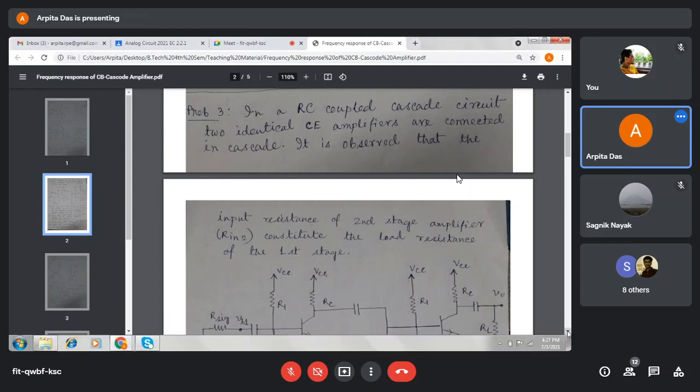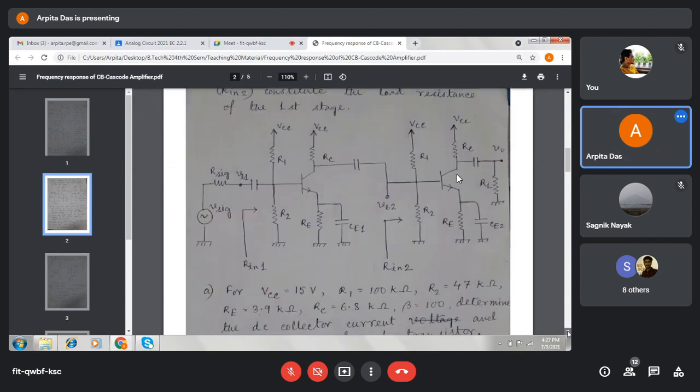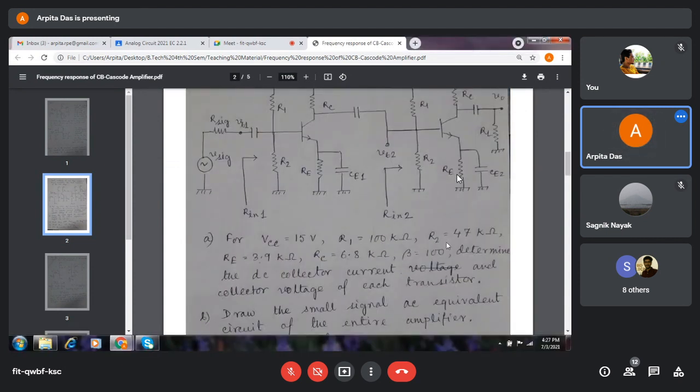Here you have to calculate some parameters. First of all, see these two transistors are identical, so both of them have the same beta, and the biasing arrangement is also the same. So the values of R1, R2 in both stages, the values of RC and RE in both stages are the same.